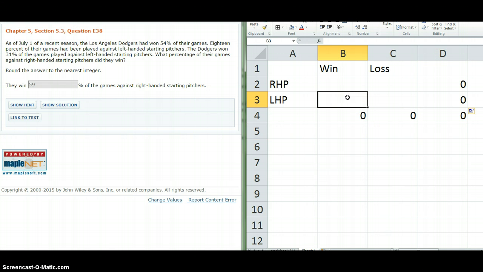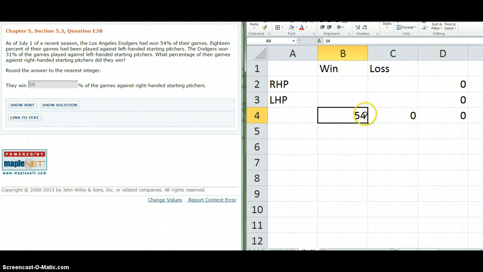And we know that the Los Angeles Dodgers had won 54% of their games. So what I'm going to do, and this seems a little strange, but I'm going to say that they won 54 games. Now in order to do that, that would mean that they've played 100 games so far.